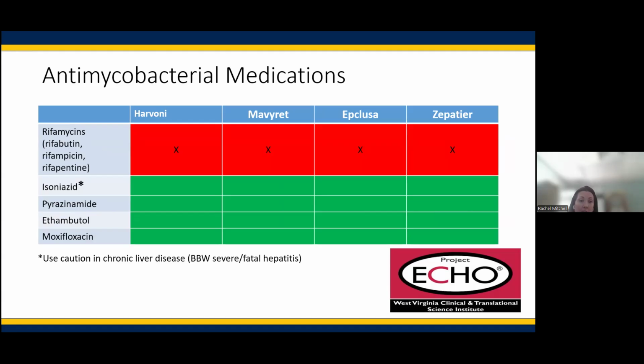Technically green for everything else, but the problem with isoniazid that I have with the asterisk here is that it does have a black box warning for fatal hepatitis. So if you have a patient with hepatitis that's already got some liver dysfunction, probably not a great idea to use it. And it's the only one that has the black box warning, but the rest of the three at the bottom are also pretty heavily hepatic handled and potentially toxic medications as well.